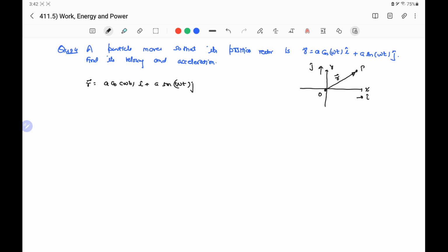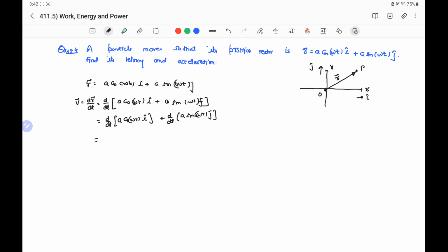We have to find the velocity. Velocity is the rate of change of position, so we can write v equal to dr by dt. Differentiating r with respect to time, the differential of a sum is the sum of the differentials, so we can write the differential of a cos omega t i plus the differential of a sin omega t j.